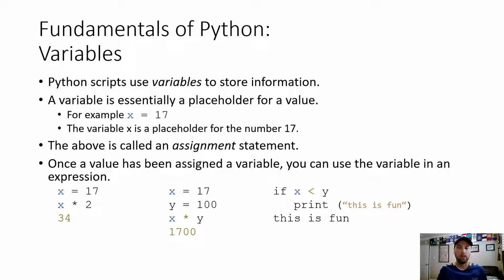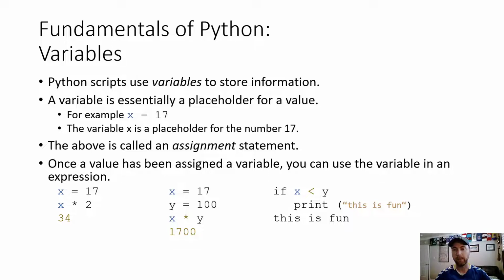Once a value has been assigned to a variable, you can use a variable in an expression or any number of expressions. So my examples here are x equals 17. So x times 2 would be 17 times 2, 34, right? There in the middle, x equals 17, and we have a second variable, y equals 100. x times y equals 1700.